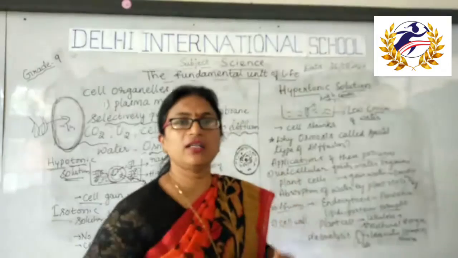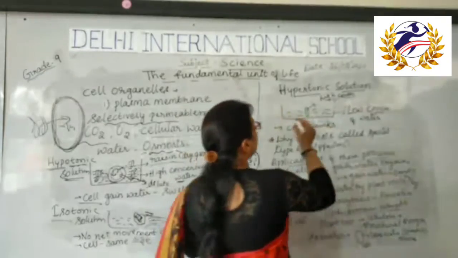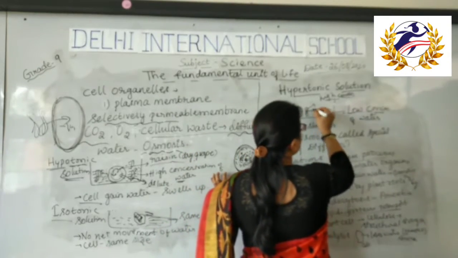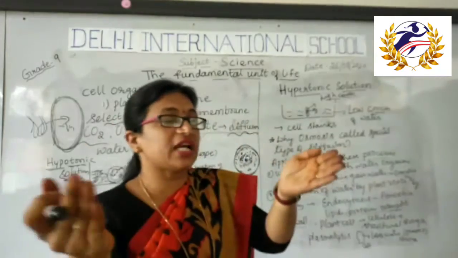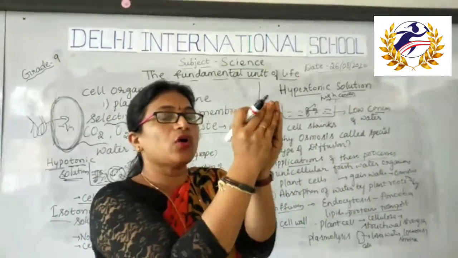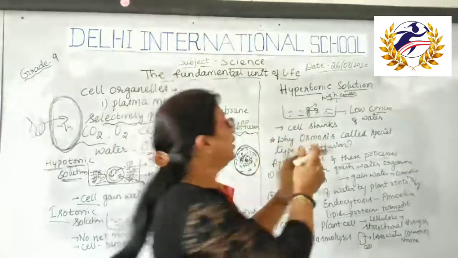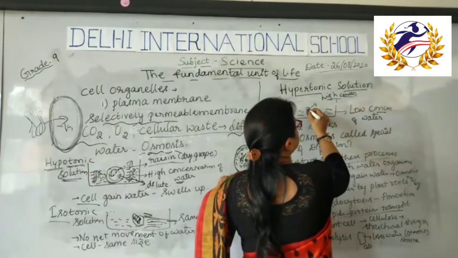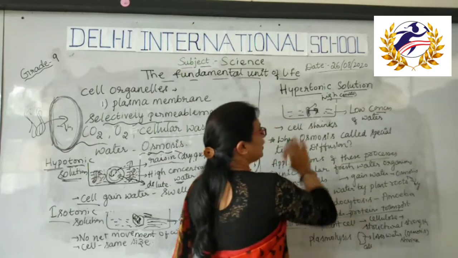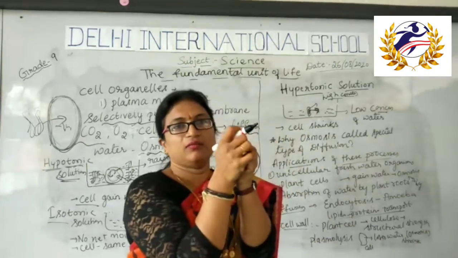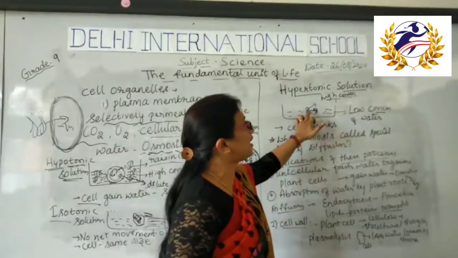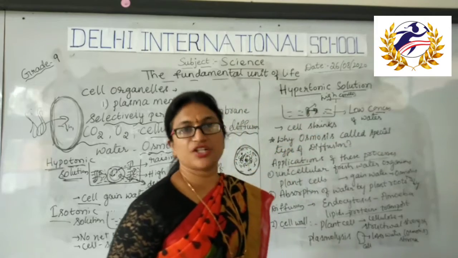Then from where to where does the water move? The water moves from the cell to outside, because inside the cell water concentration is more. That's why there is movement of water molecules from the cell to the outside. So that's why the cell shrinks. By emptying all the water inside the cell, it shrinks.